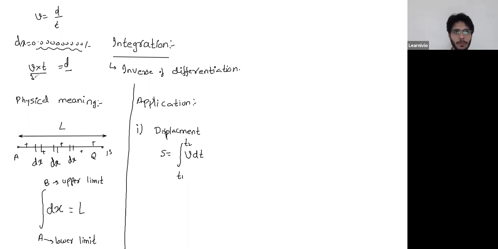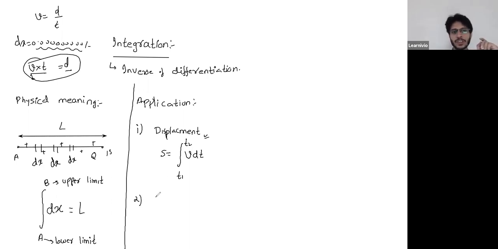You can simply multiply only if your velocity is constant. But if your velocity is variable, then you can't just multiply them; you have to use this expression. We will do this in much more detail when we start motion in 1D. That's the first application: displacement is the integral of velocity with time.